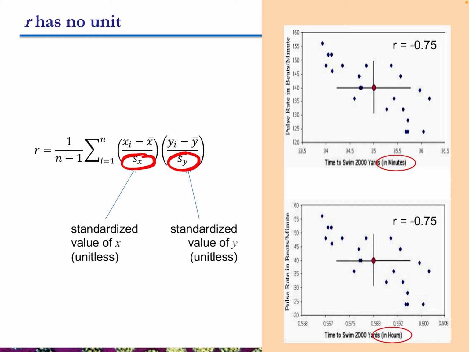Standardization gets rid of all units. So you can't say, for example, that this value of r, -0.75, is -0.75 minutes. It isn't. It's a unitless value. So don't refer to correlation coefficient in terms of units. It has no units.